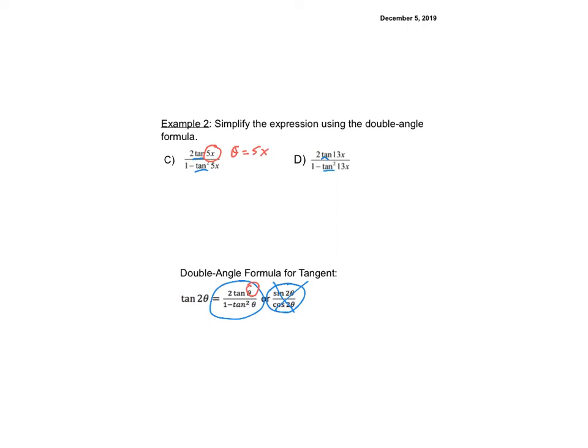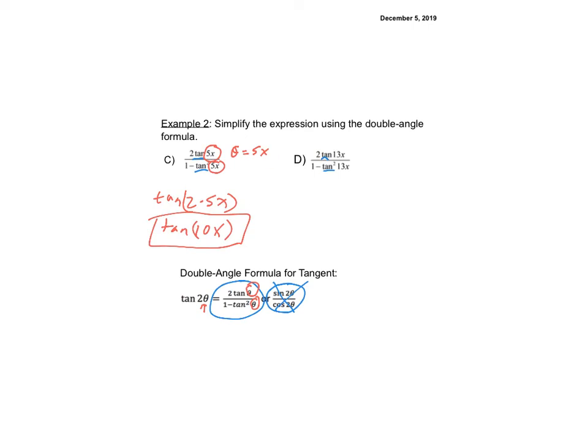And if you come down here, you can also see it here: 1 minus tan squared 5x. It says 1 minus tan squared theta. So what's theta? Theta is 5x. So let's put 5x in there for theta. So we get the tangent of 2 times 5x, which is the tangent of 10x.